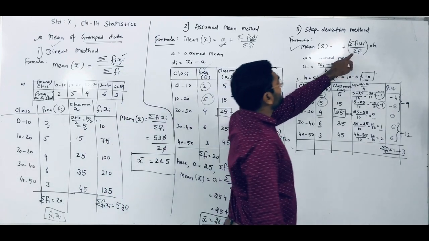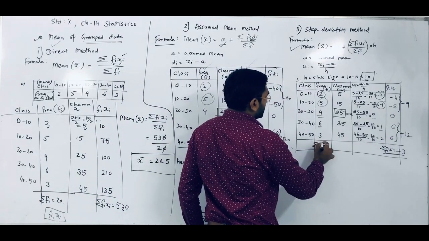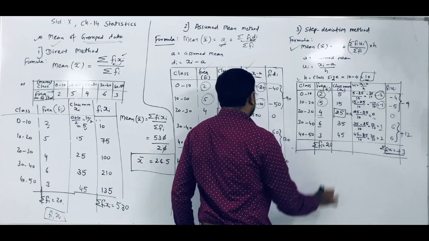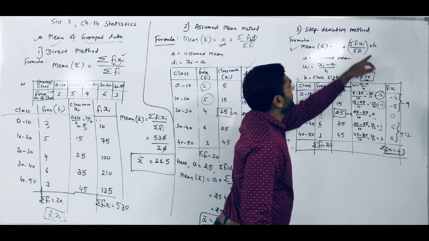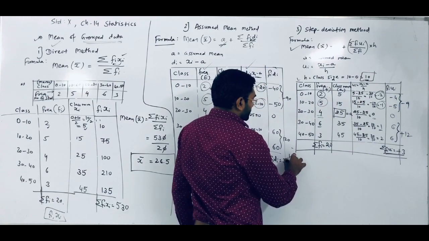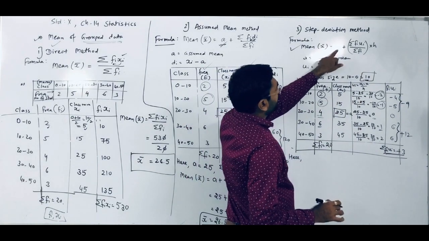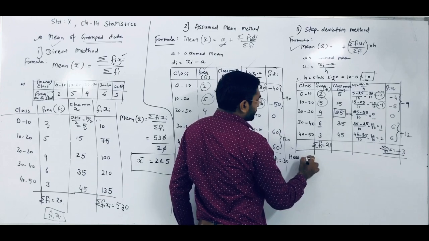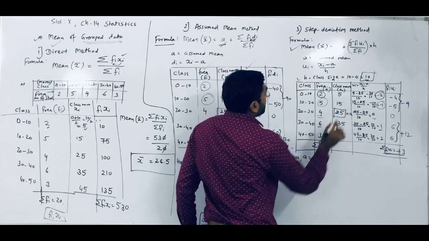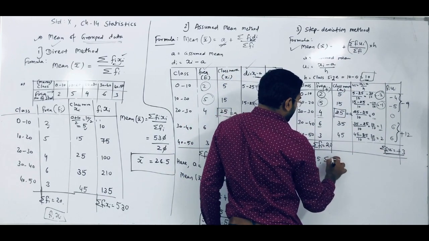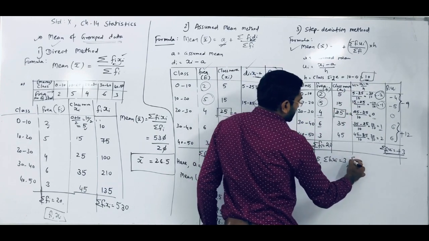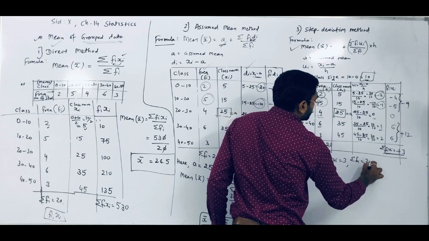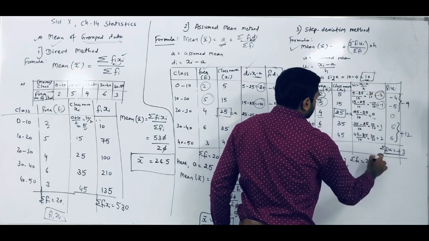Another value we require is sigma fi. The summation of all frequencies we already found in the previous question, which is 20 only, right? And the class size we found here is 10. So first of all we write all the data which we have to put in the equation. The a value we assumed as 25. Sigma fi ui value we get as plus 3. Sigma fi value we get 20, and class size we get as 10.